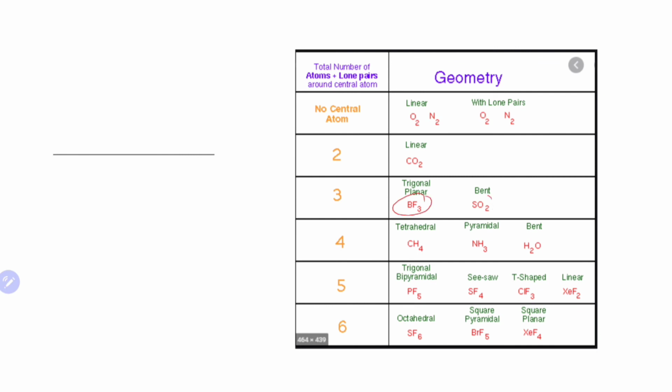Trigonal planar, bent, tetrahedral, trigonal pyramidal, H2O bent or V shape, trigonal bipyramidal is for PCl5, like this. One at the top, one at the bottom, 2 in horizontal.